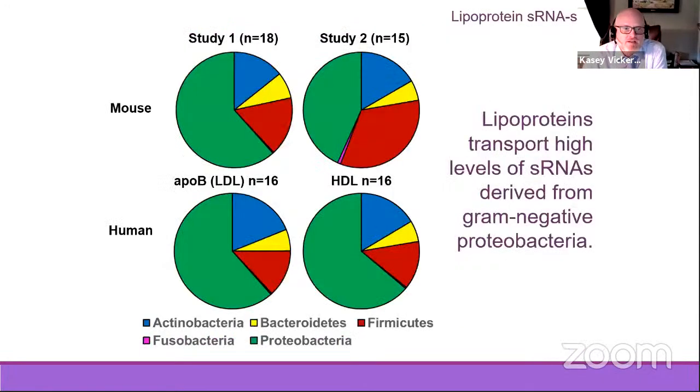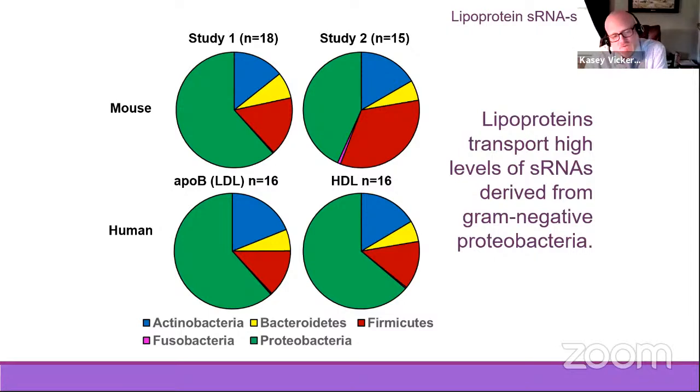If you were to isolate lipoproteins from either humans or mice, or ApoB lipoproteins or HDL, almost 100% of the time, the dominant phylum is small RNAs from Proteobacteria, with Actinobacteria, Bacteroidetes, and Firmicutes having less of a contribution.